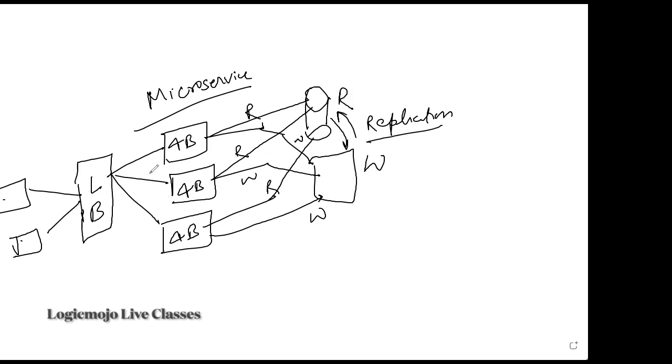So let's focus here. You have an app, you have a browser, and a lot of traffic is coming, and you have moved from monolith to microservice. What you did is you separated out the database from here, and I'll have multiple instances running my application.